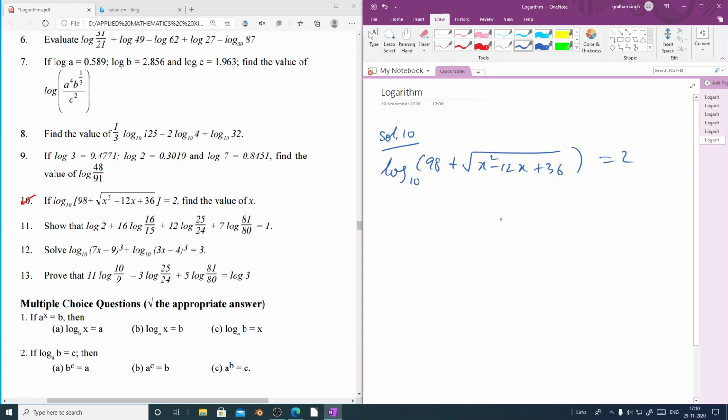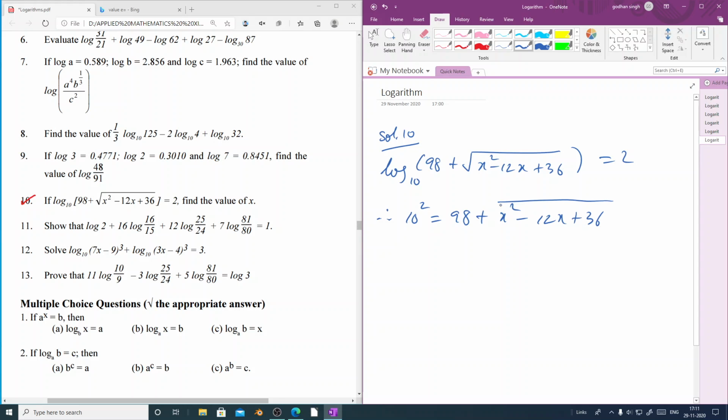It simply means that if the power on 10 is 2, then we get the answer 98 plus square root of x square minus 12x plus 36. So we are just rewriting this in exponential form. We'll be getting 10 square equal to 98 plus square root of x square minus 12x plus 36.